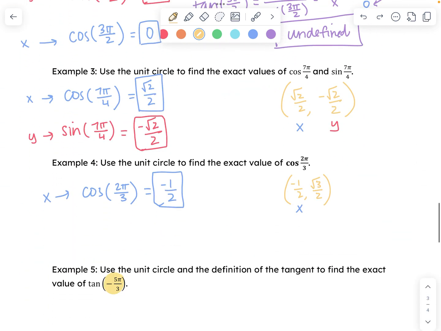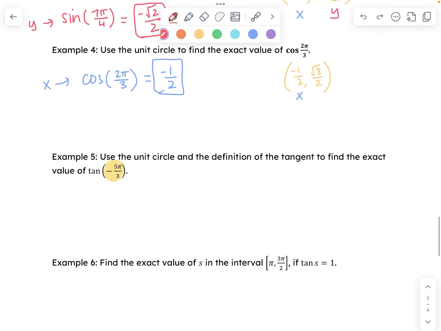So since I have a negative angle, I'm going to take that negative 5 pi over 3, and I'm going to add 2 pi to it and see if that gets me an angle that is on my unit circle, that is between 0 and 2 pi. Okay, one of them is a fraction, one of them is not. So I can go ahead and write that as over 1 to make it a fraction.